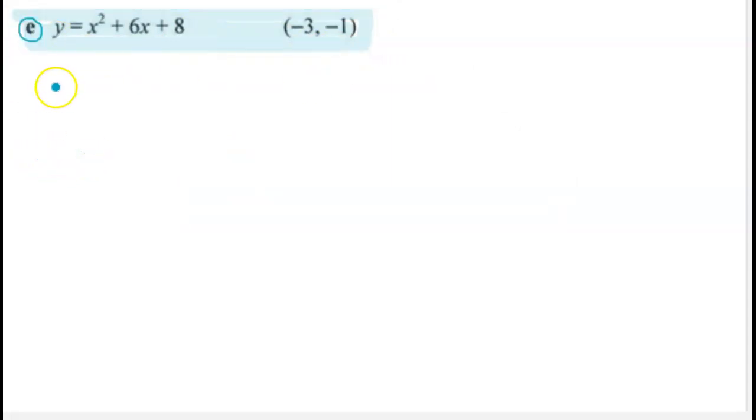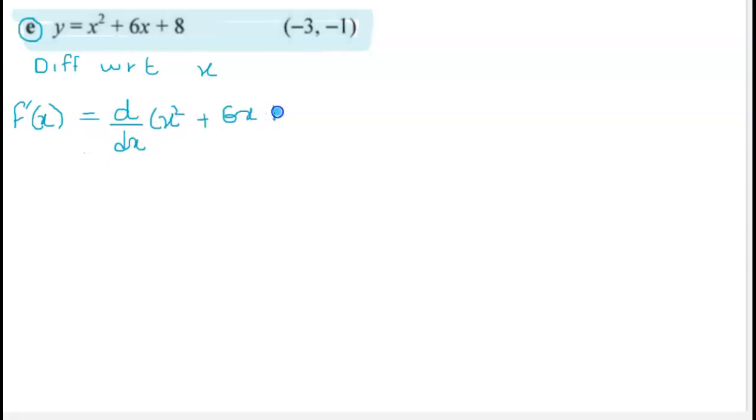To find the gradient, obviously we need to do a differentiation. So you're going to write down differentiate with respect to x. Here you get f dash of x equals d over dx of x squared plus 6x plus 8.